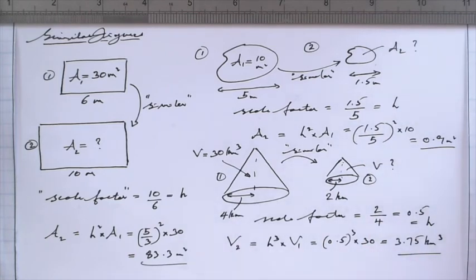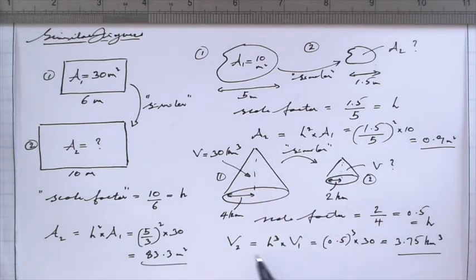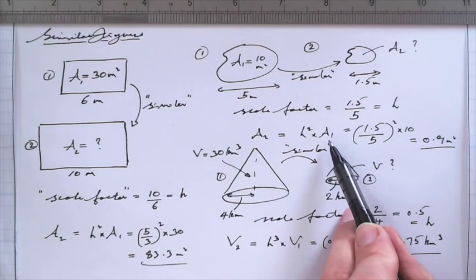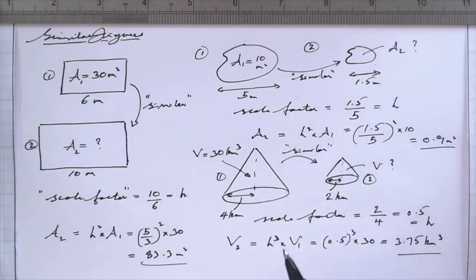And again, just to be repetitious, scale factor is squared when relating areas, and it's cubed when relating volumes. That's because areas are the product of 2 lengths, hence 2 factors of scale factor. Volumes are always products of 3 lengths, hence a product of 3 scale factors. They're h cubed. Good. So that's similar figures.